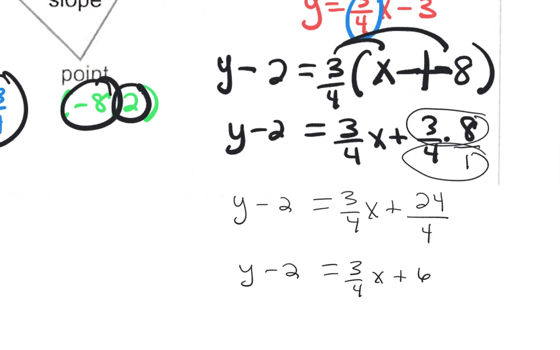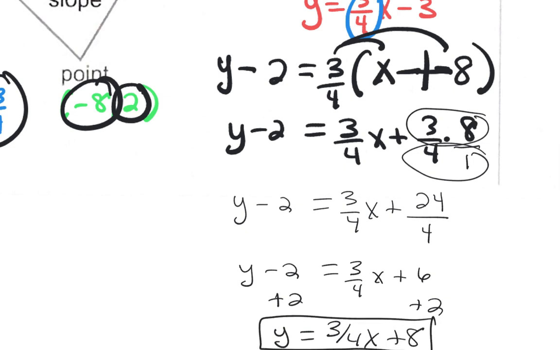And then we can get our y alone by adding 2 to both sides. So our equation is y equals 3/4 x plus 8. So this line, y equals 3/4 x plus 8, would be parallel to the original line, y equals 3/4 x minus 3.